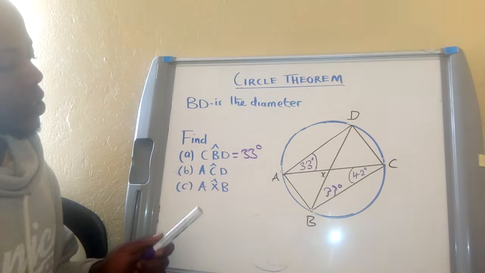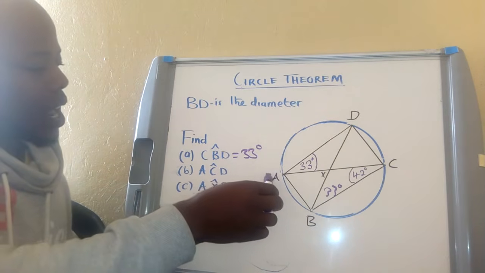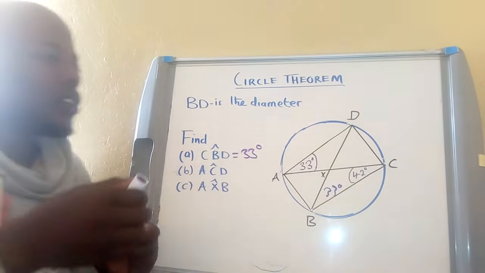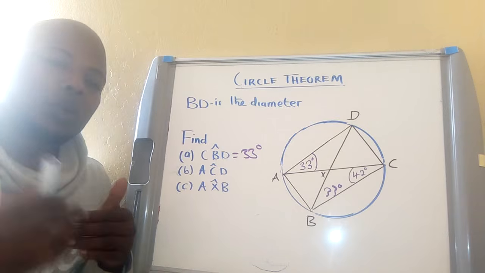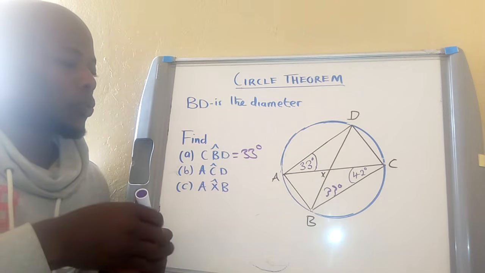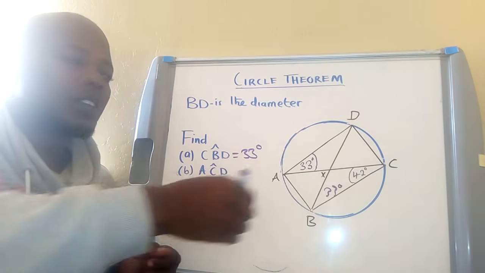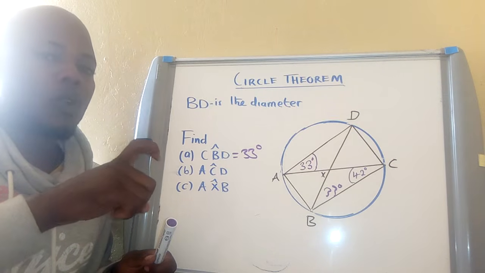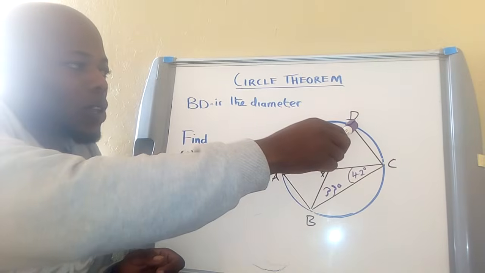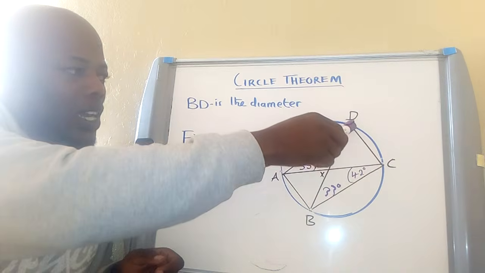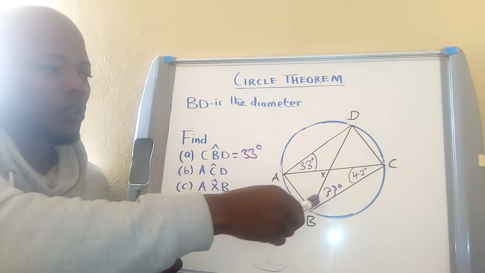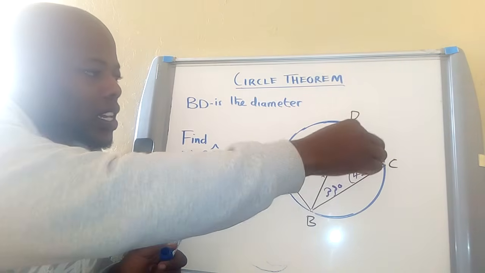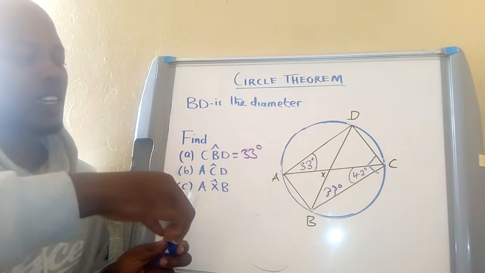We go to the next question where they want us to find angle ACD. So ACD, what property are we likely to use here? We are supposed to use the property of an angle in a circumference formed from a diameter. So if you can see, this is a diameter and there is an angle here which has been formed, this angle. So here it's 90 degrees.